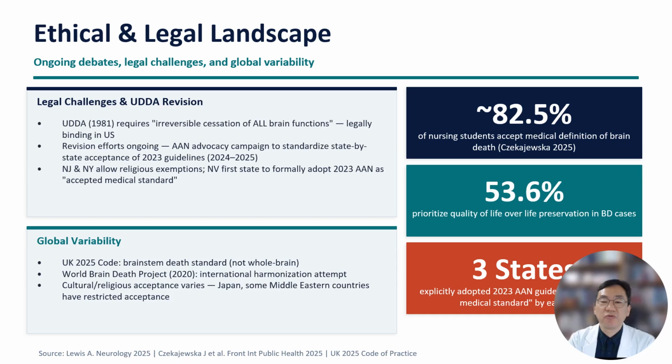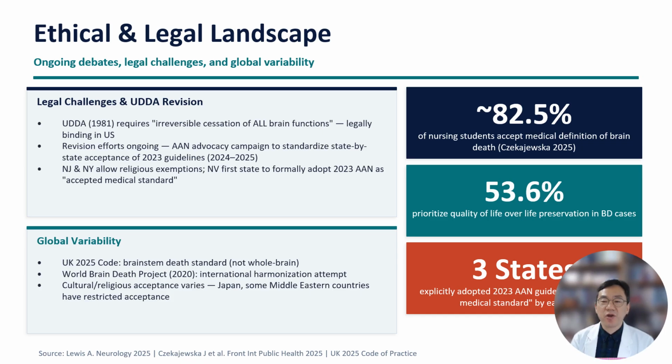The AAN has been running an active advocacy campaign to encourage state-by-state adoption of the new guidelines. Nevada was the first state to formally adopt it as the accepted medical standard. Two states, New Jersey and New York, allow religious exemption, meaning families with a specific religious belief can object to the brain death determination. That's a unique legal landscape. Globally, there is significant variability. The UK uses the brainstem death standard, not whole brain.